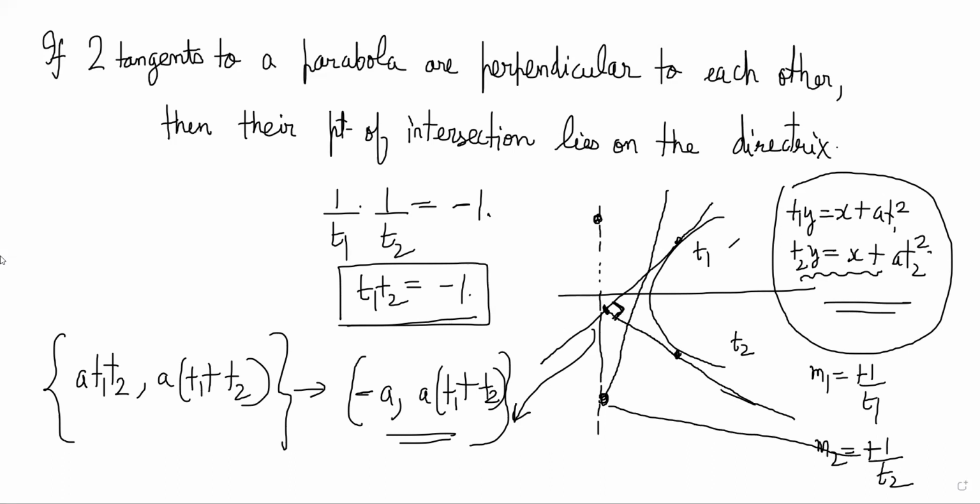Now here what we are getting is that instead of a director circle, we have a director line sort of, where the directrix basically is the line from where you can find all the points from where perpendicular tangents can be drawn to a parabola, right? All the points on the directrix you can find, you can draw two perpendiculars which are both tangents to the parabola, right? That is something that you need to know.